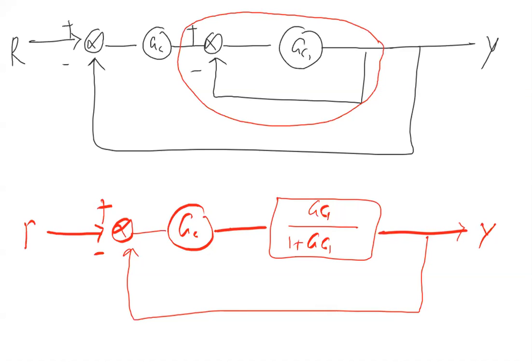Then for this one, you know how to write y by r, which is GC into G1. So what is y by r? G1 GC divided by 1 plus G1 GC. Is it okay? This is how you derive the transfer function of the control loop.